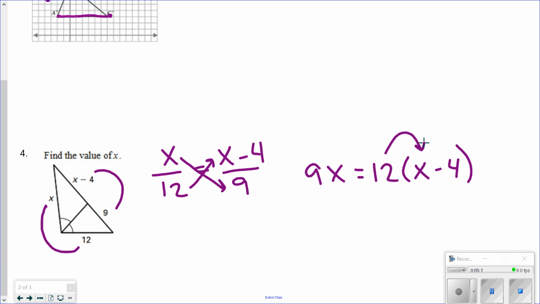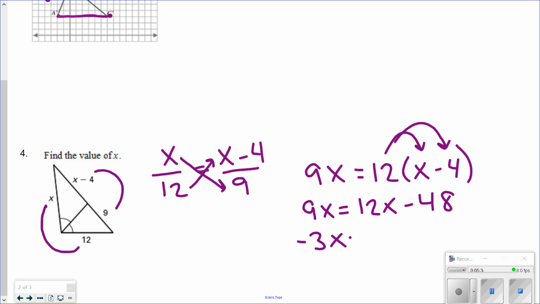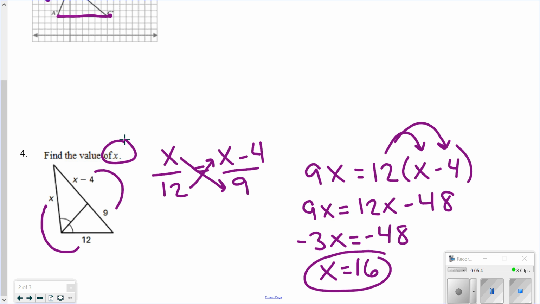I'm going to distribute the 12 inside the parentheses, which will give me 9x is equal to 12x minus 48. I'm going to subtract 12x from each side, which will give me negative 3x is equal to negative 48. If I divide negative 3 on each side of my equal sign, I will get that x is equal to 16. It only asked me for the value of x, so I'm done.